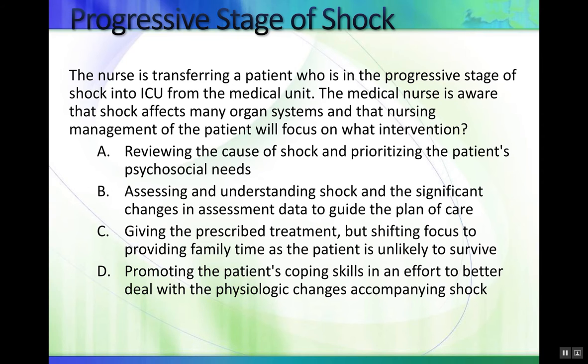The MAP's going to fall below normal limits, and that's such an important thing in shock, and we'll talk about that more as we go. But your mean arterial pressure, which is your MAP, is going to fall, and that's going to be one of the guiding things with this. You always want your mean arterial pressure to be greater than 65. So if your MAP falls, you're progressing in shock, and that's not a good thing.